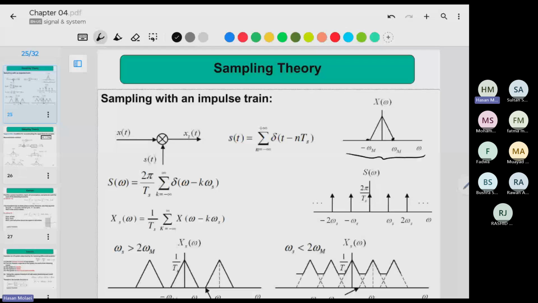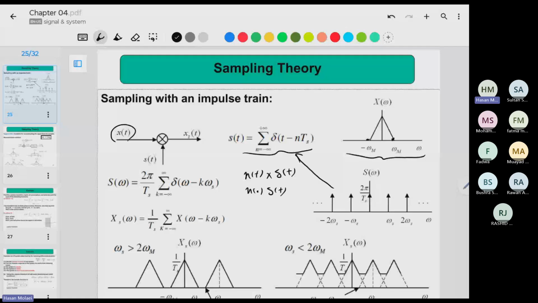So if we multiply x(t) by a train of impulses, these are the train of impulses, what will happen? Suppose at first it's only one. If you multiply x(t) by delta(t), which means we are taking one sample, it should be x(0) delta.